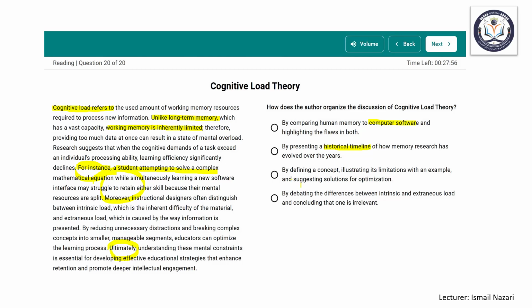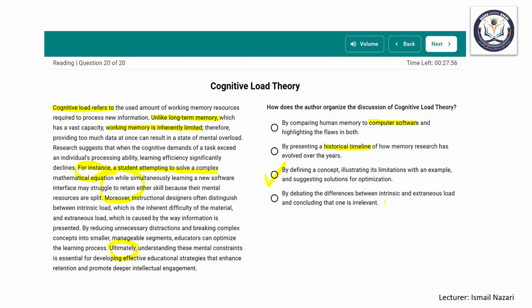It doesn't go on with that. C, by defining a concept, yeah, it started with the definition. Illustrating its limitations with an example, yeah, it was a student attempting to solve a complex mathematical equation, and suggesting solutions for optimization. At the end of this paragraph, we have it. Yeah. So the correct choice is C.